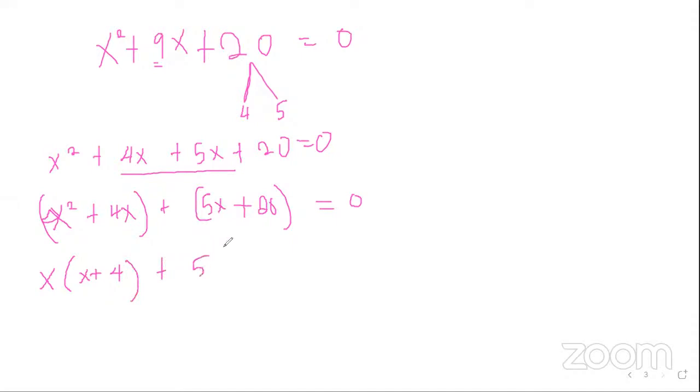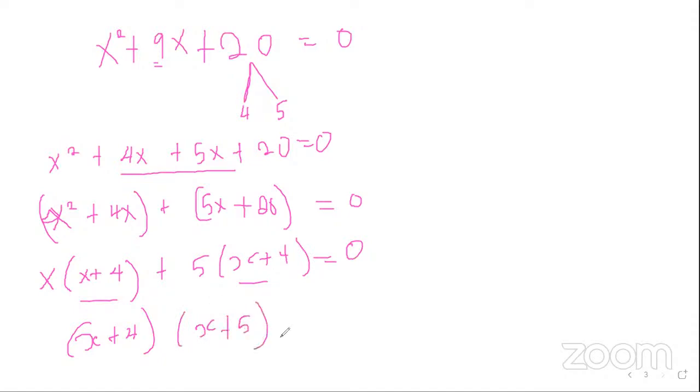What do we remain with? X plus 4. Equate this to 0. So x plus 4 is common. Then x plus 5 is equal to 0.